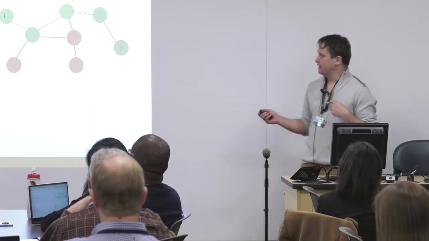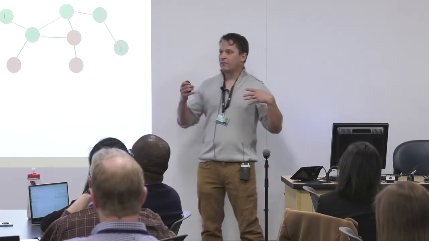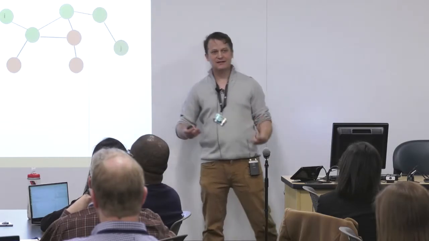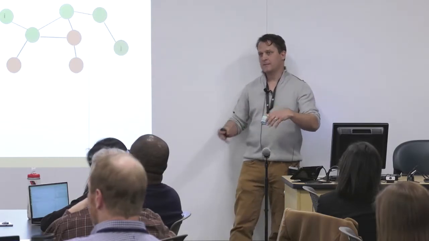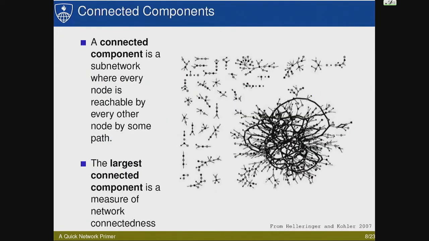The span of the network is the longest shortest path. That's the longest number of jumps it could take a disease that enters the network to reach any other individual, so it's a measure of how big the network is.